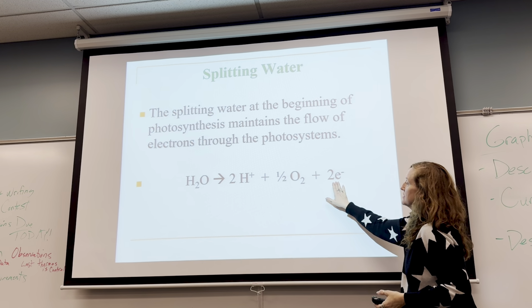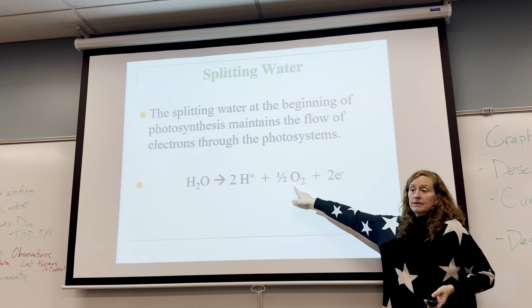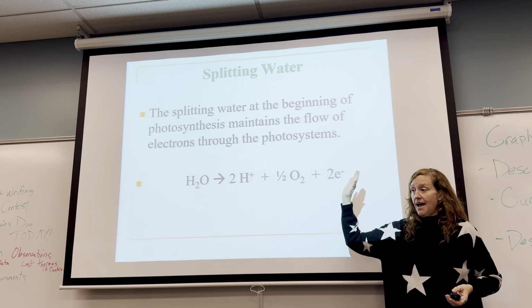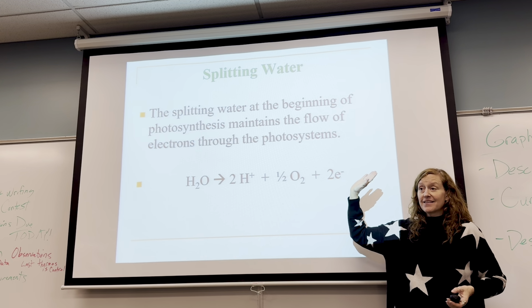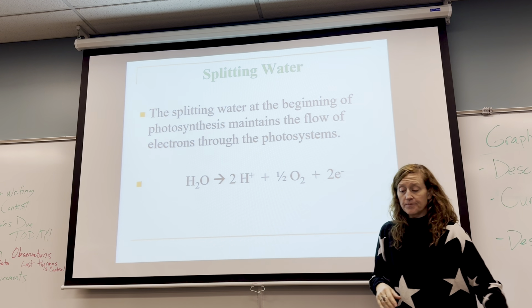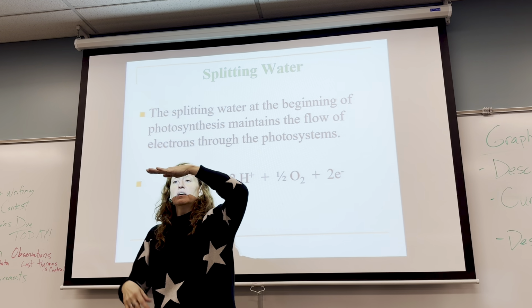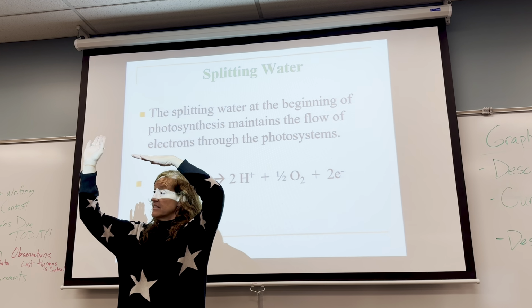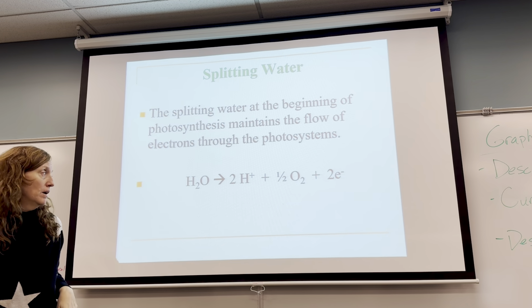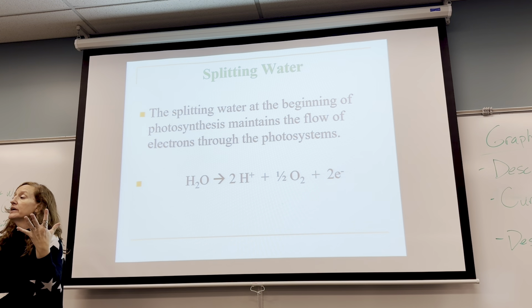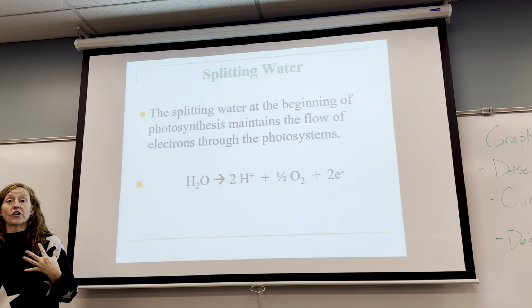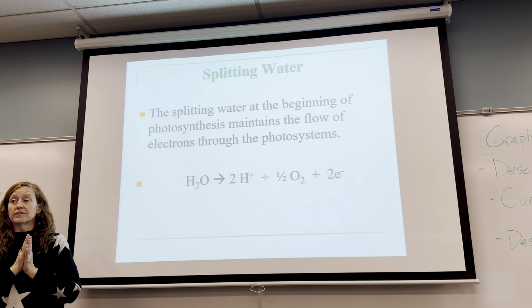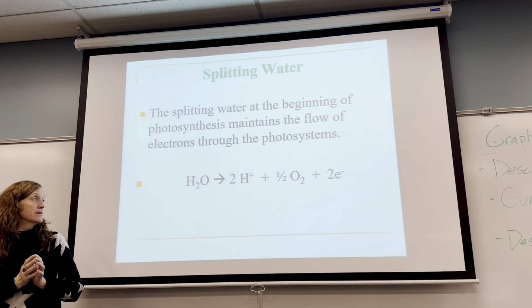We get 2 electrons. So the oxygen gets exhaled by the leaf. Remember the surface of the leaf? Underneath there are pores, and the pores just release the oxygen right away. So that's where the oxygen that we are breathing in our atmosphere or our air comes from, right away, the beginning of photosynthesis.